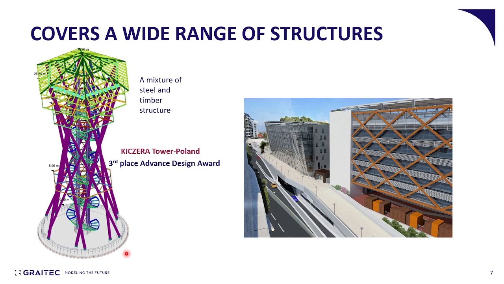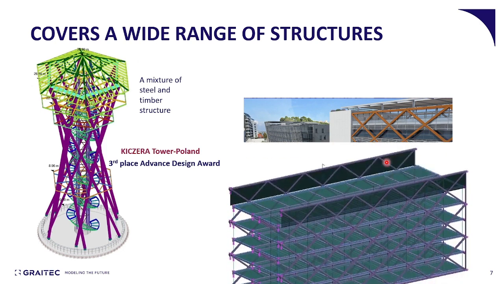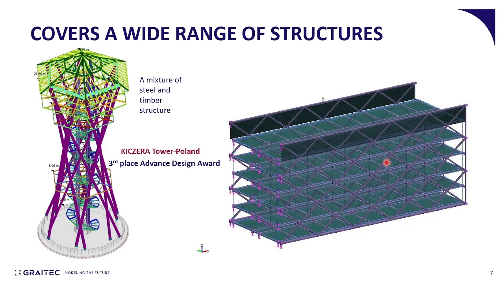And the second one I have selected for today is the structure you can see in this picture. And this is a photo of the structure before being built. This is the model of the structure in Advanced Design.